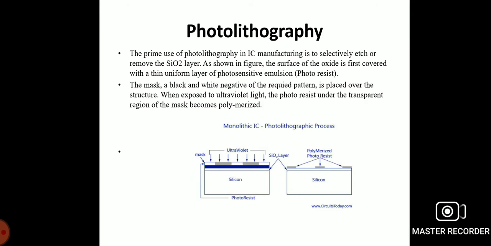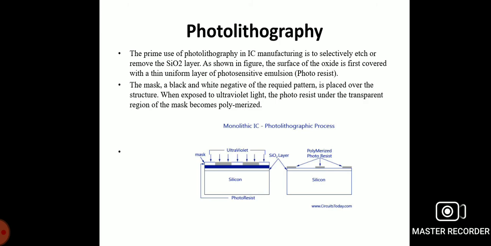In this process, the SiO2 layer is coated with a thin layer of photosensitive material called photoresist. A large black and white pattern is made into the desired pattern, where the black pattern represents the area of opening and white represents the area left intact. The pattern is reduced in size and fitted to the layer above the photoresist.